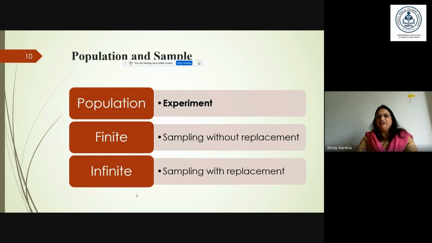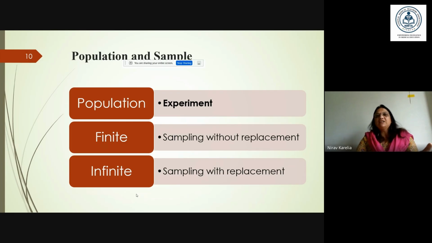So this is a finite population. Now, what does infinite population mean? Suppose I first take a ball, it is red, and I note down in the first observation, red ball. Then again I put the same ball back in the bowl, so I have replaced it. Then there are infinite possibilities. But in the real world, what happens? There is an infinite population.